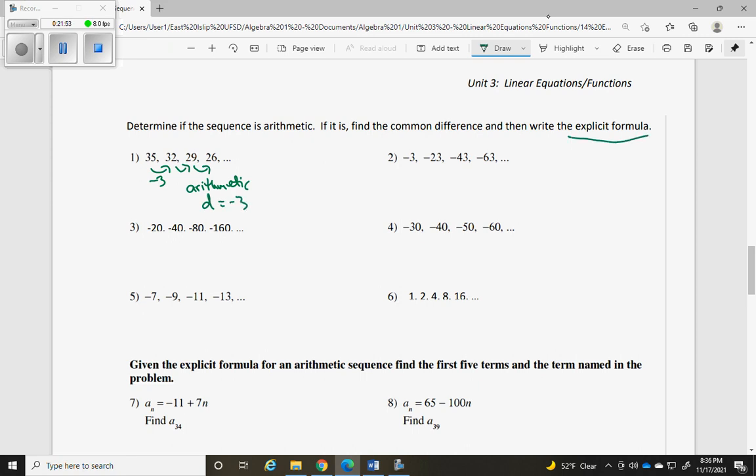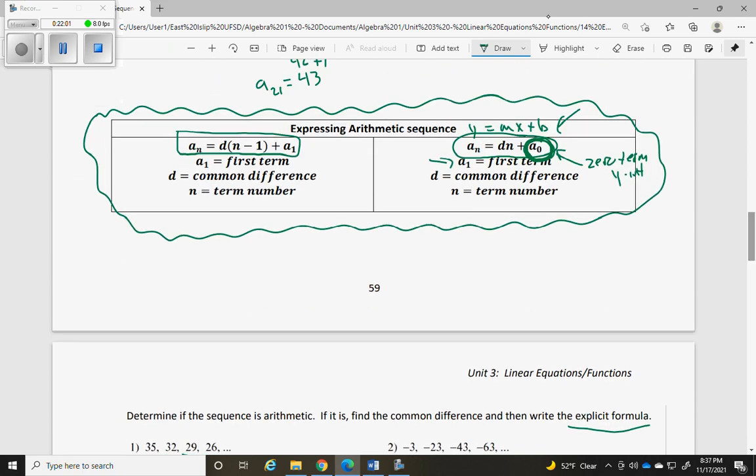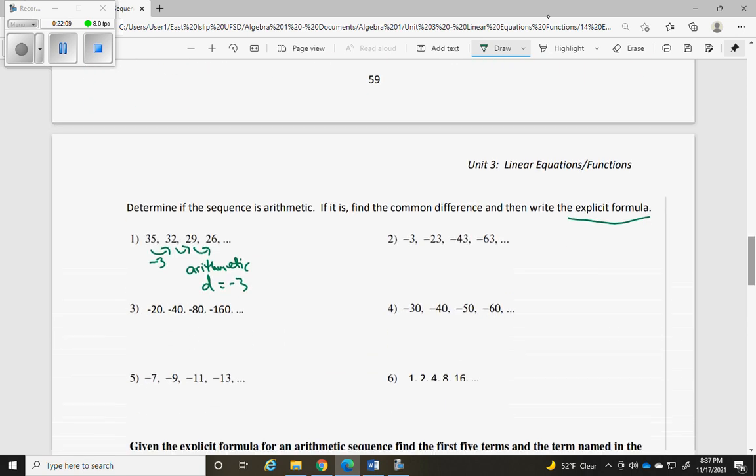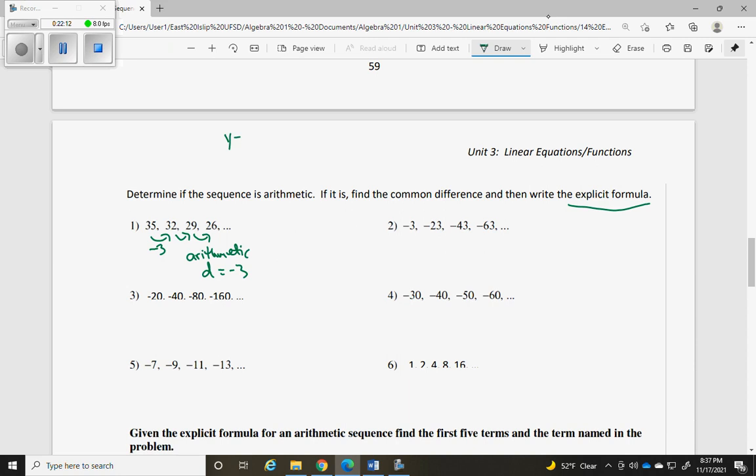It says write the explicit formula. So we're going to be really careful here. We're going to use this y equals mx plus b form. So we're going to imagine what our 0 term is. If I write it in y equals mx plus b form, in sequence notation we say a sub n equals the common difference times a number that we call n instead of x, and then we add on that 0 term.